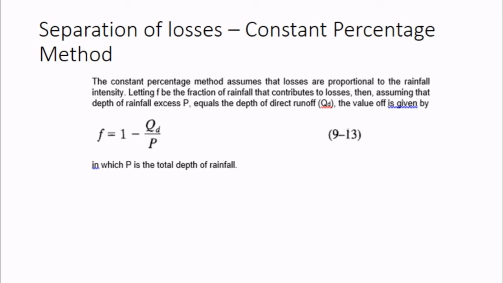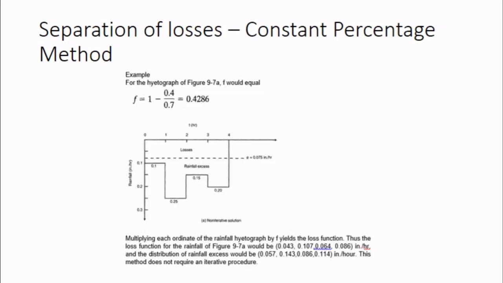Okay. So, F is 1 minus 0.4 over 0.7, which is equal to 0.4286.